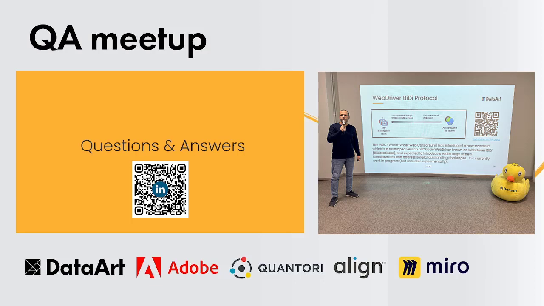The next one is who is going to do the automation for your team, for your project? If the developers are going to contribute, if you are going to do the automation in the same repository as your front-end project, or if you are the only QA automation in your team, you are going to create this framework project from scratch, or you will have some support from your developers. These are all questions that you should ask.